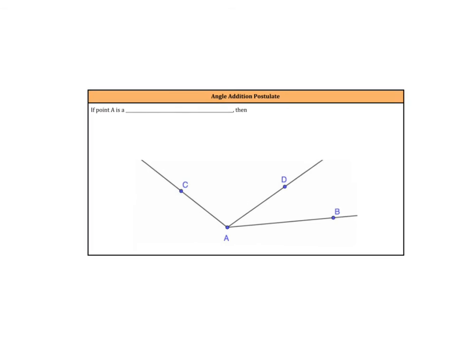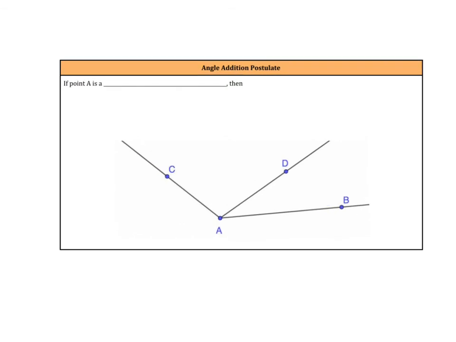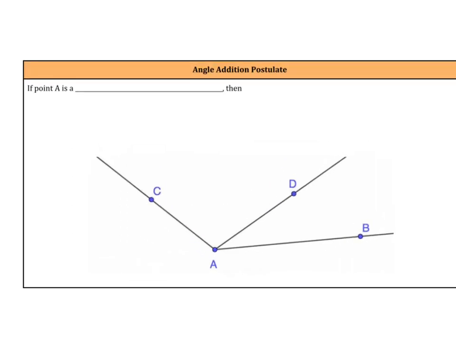All right, now very quickly before we jump into our examples, there is something called the angle addition postulate, which is very similar to the segment addition postulate that I want to talk about. So if point A is a shared vertex, and this is what I was talking about earlier about angles having shared vertices, then I have angle CAD, and I also have angle DAB.